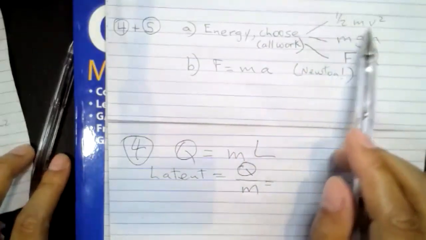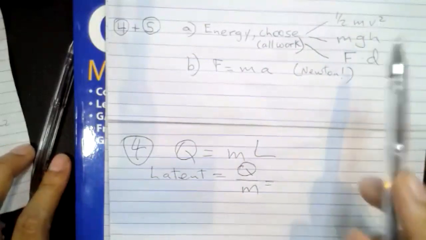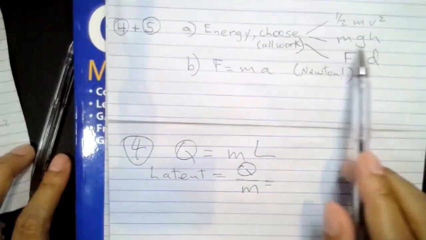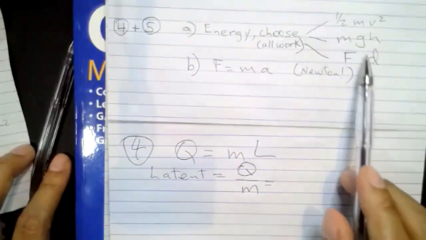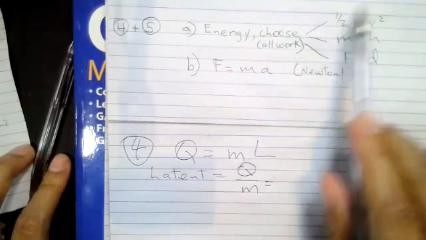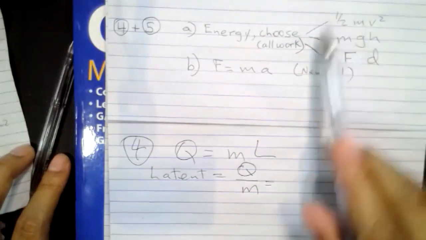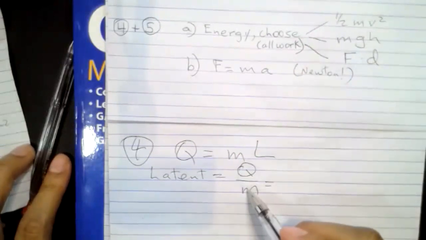This is kinetic energy, famously 1/2 mv squared, mass times velocity squared. This is a potential energy, mgh, this is the height. And this is the work done, which is force times distance. All of these have the same units, joules in the SI system, and it's all energy. So I can choose any one of these and I'll get the same answer.